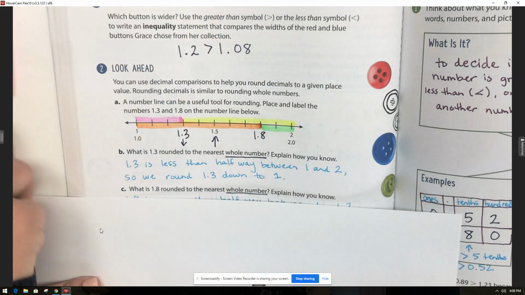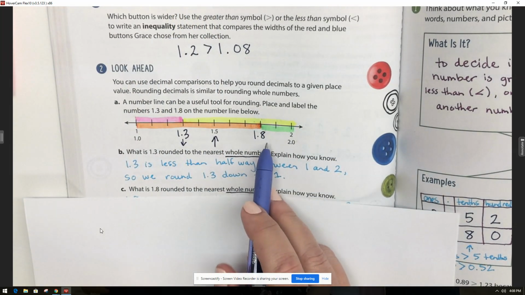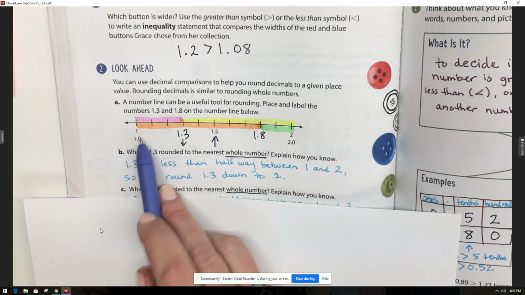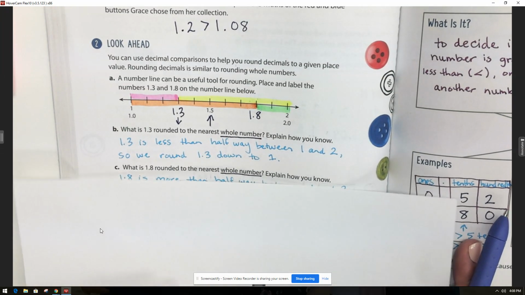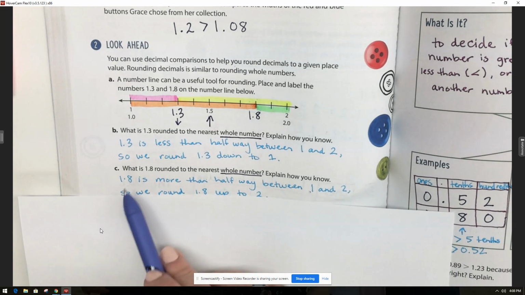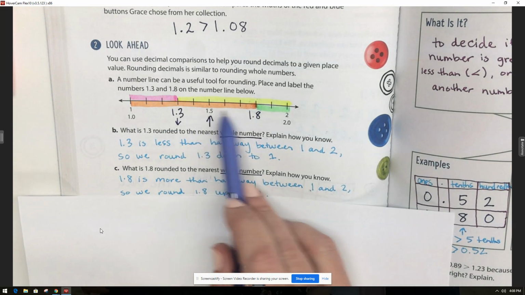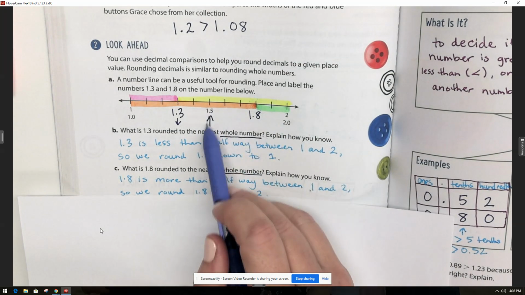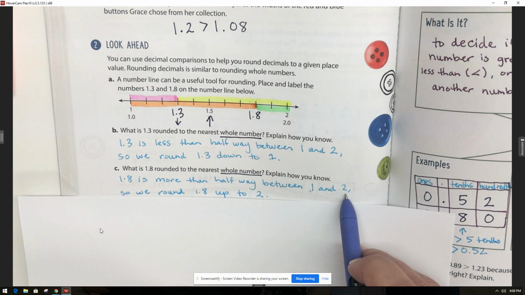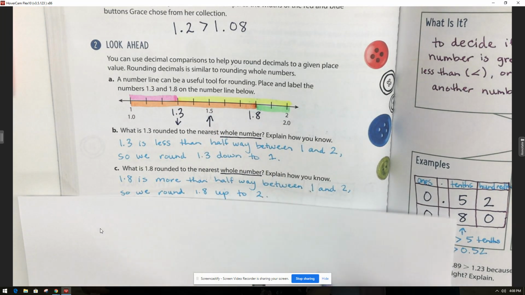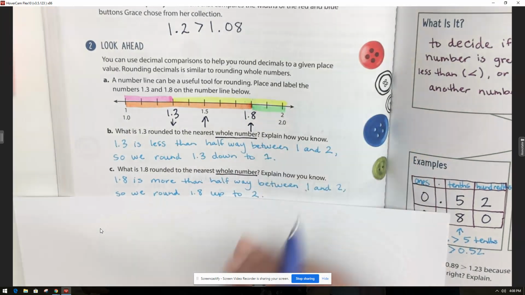So just by visually looking at it, 1 and 8/10 is closer to 2 or closer to 1? That's right, it's definitely closer to 2. 1 and 8/10 is more than halfway, so it's past the halfway mark. Here's our halfway. More than halfway between 1 and 2. So we round 1 and 8/10 up to 2.